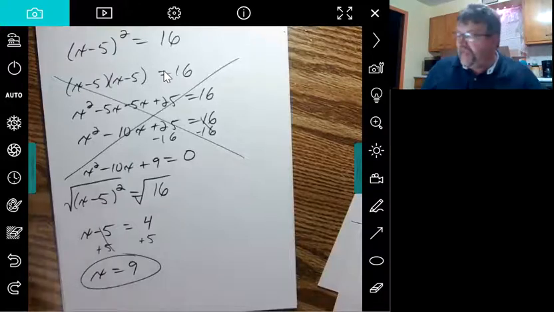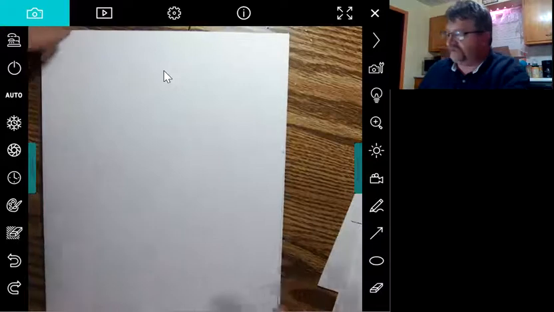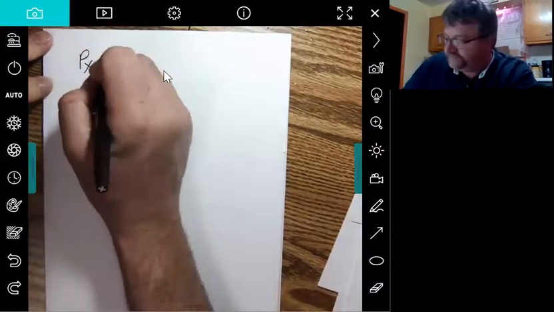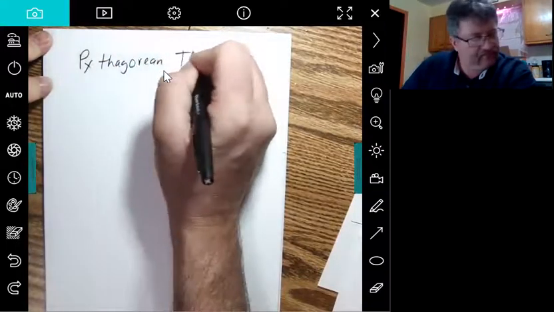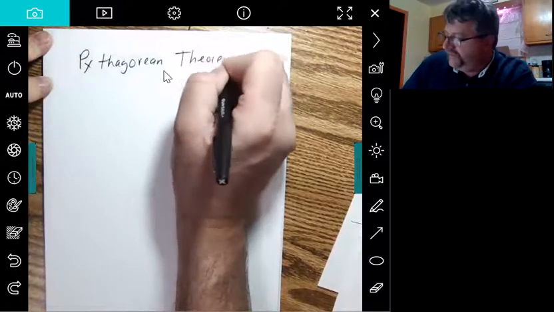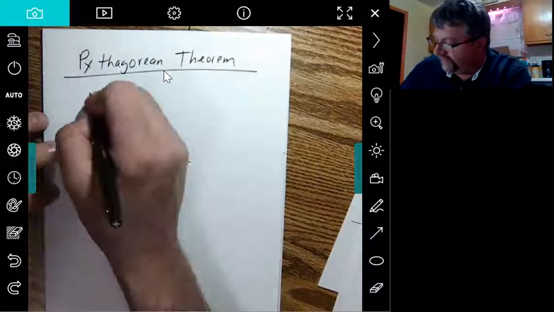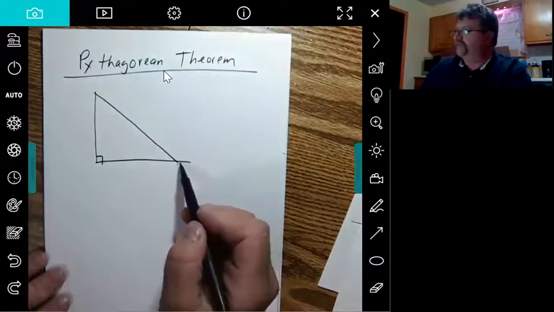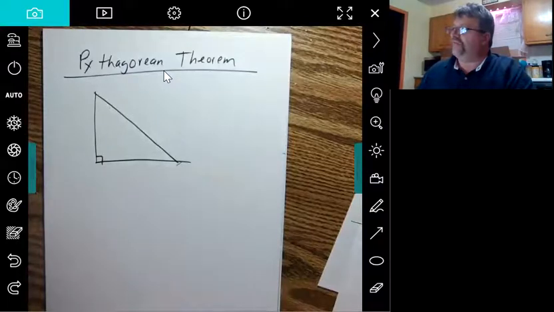Okay, the Pythagorean theorem kind of uses some of this. Remember that now? If you ever had a geometry class, Pythagorean theorem. It's a classic, oh so important thing in geometry dealing with right triangles. All right, a right triangle.